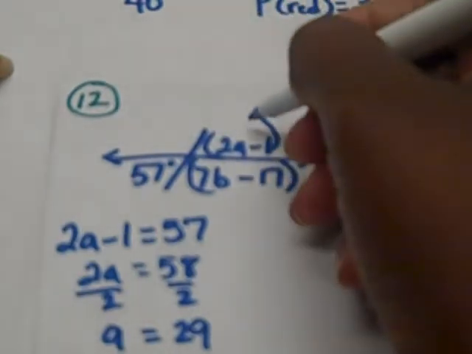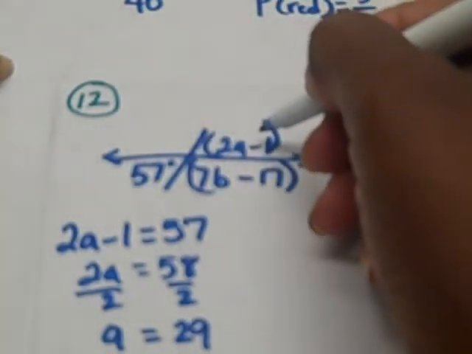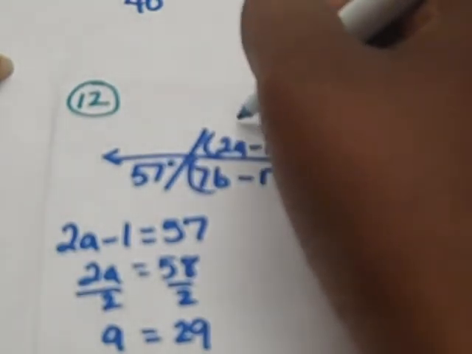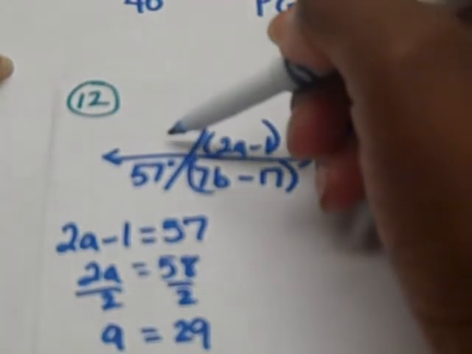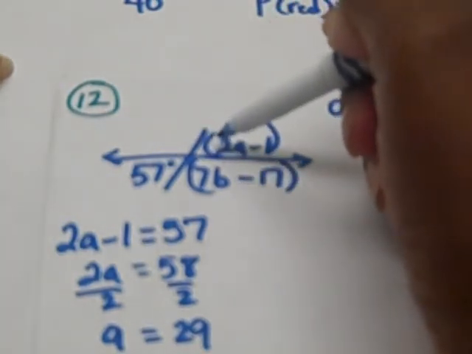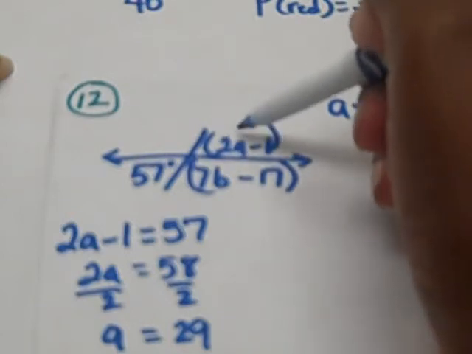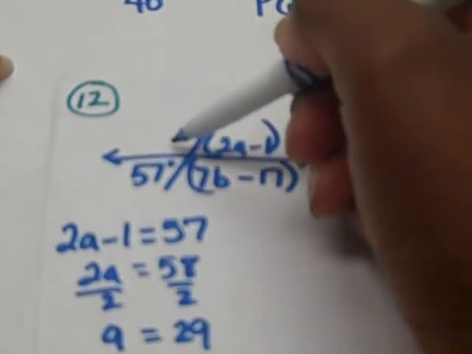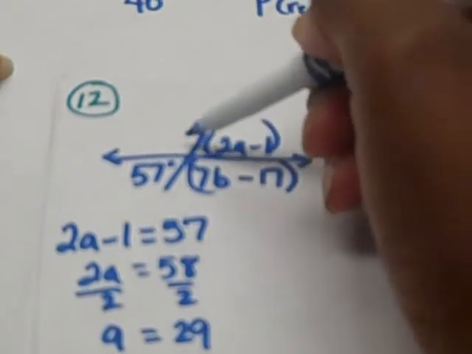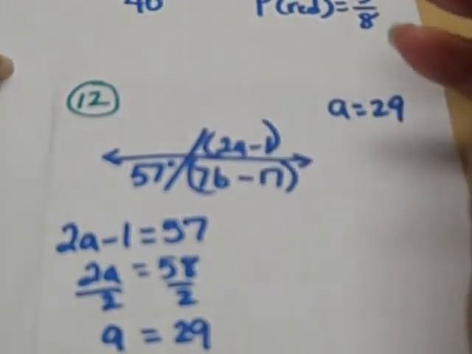Since we know that A equals 29, and this is a value of 57, we can solve for B by properties of supplementary angles. If this angle is 57, this angle has to be a number plus 57, in which it will total together 180.